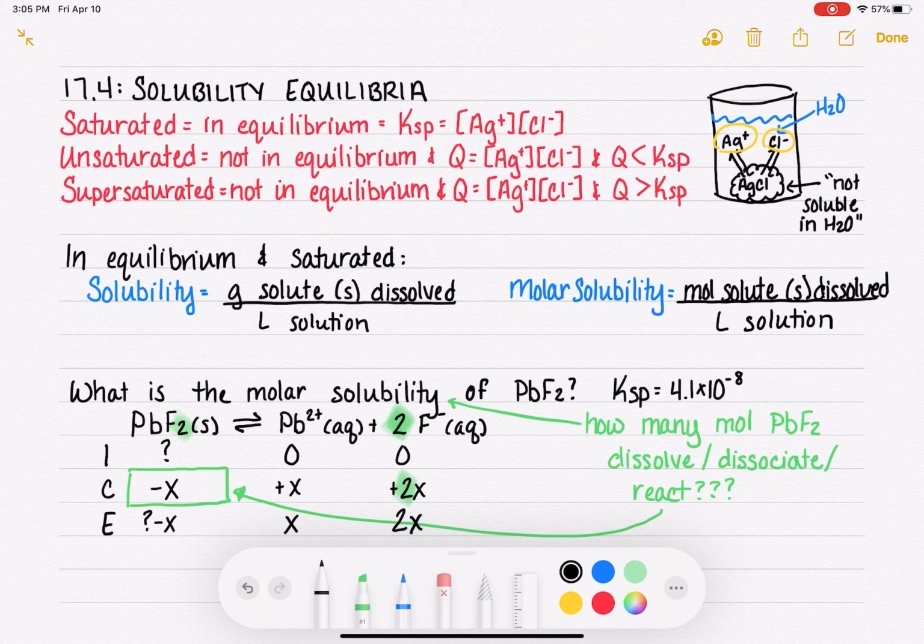Remember, let's not forget the point of this problem. Our goal is to calculate how much PbF2 dissolves, which is X, and we could actually choose to solve for any X in this ICE table, because numerically they're all going to be the same thing. They might have a slightly different sign, but they're all representing the same thing.